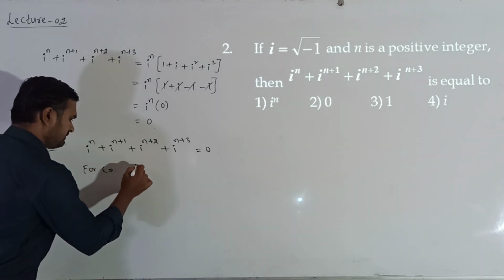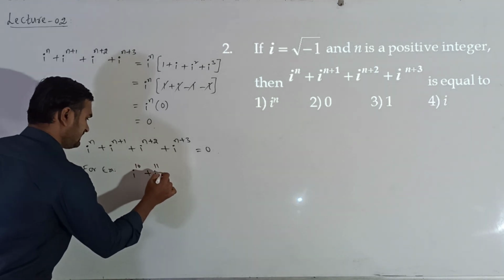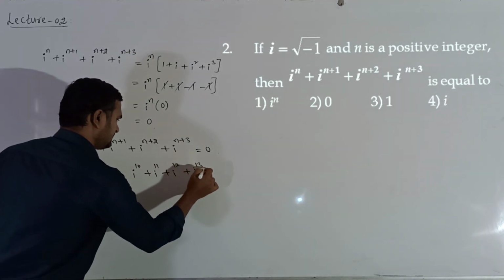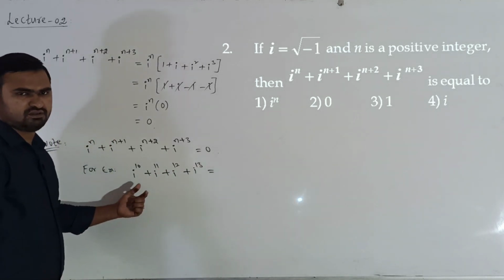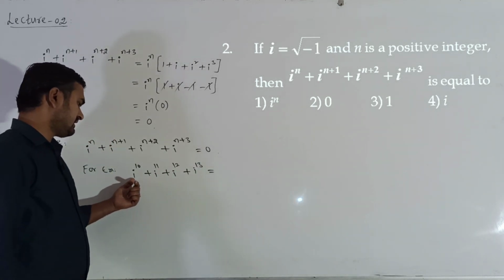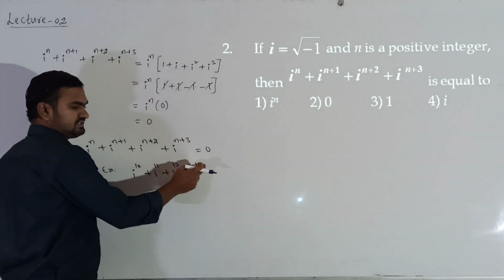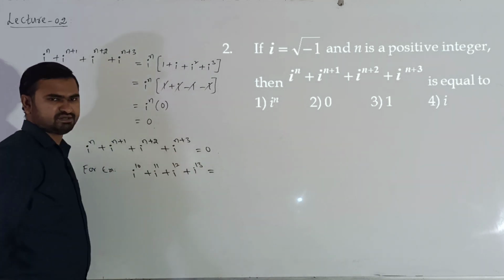if I take i^10 + i^11 + i^12 + i^13, where the powers are consecutive integers, then only we can get a sum as 0.